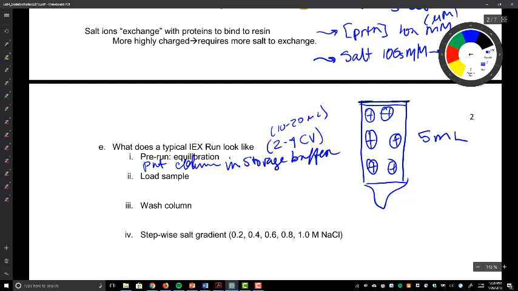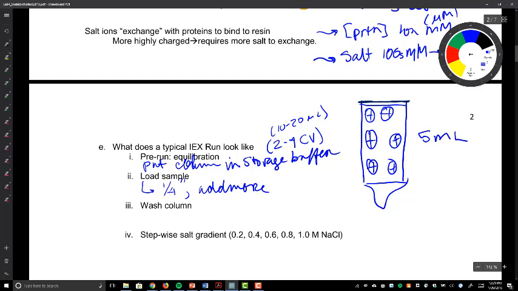Once we've rinsed our column and put it in the protein buffer, we have to actually load the sample onto the column. You want to keep it at all times about a quarter inch above the top of the column, and then gradually add more until you run out of sample, and you stop it again about a quarter inch above the top of the column.